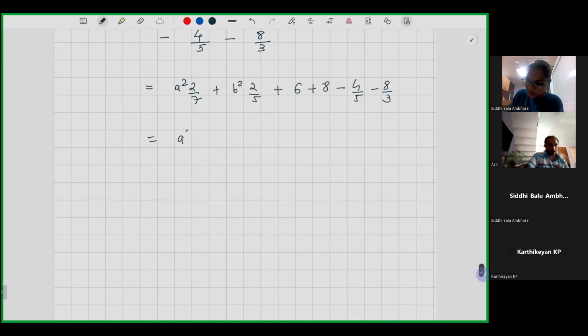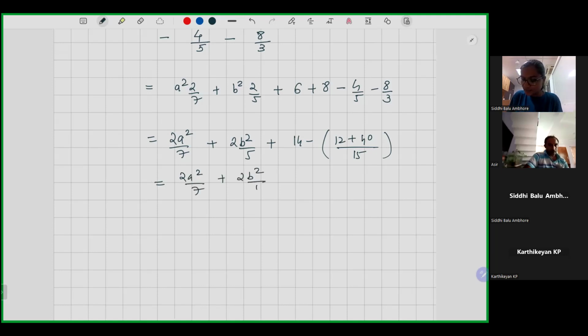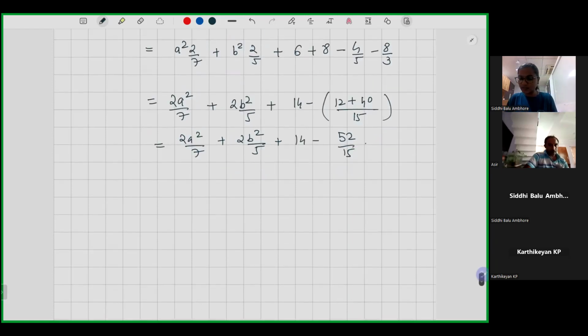So this is 2a square by 7 plus 2b square by 5 plus this is 14 minus 12 plus 40 by 15. I mean, this requires some calculation, and this will now be 52 by 15. I hope what I did was correct.